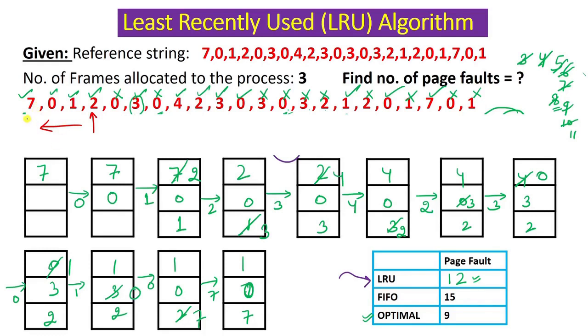So let's say this is accessed at time 0, this is accessed at time 1, this is accessed at time 2, and this is accessed at time 3. This way I have associated a time with each of the pages. If you see in the past, out of 7, 0, 1, this 7 was accessed at time 0. So this is the page which is used the least in the recent past. So 7 was replaced and 2 came here.